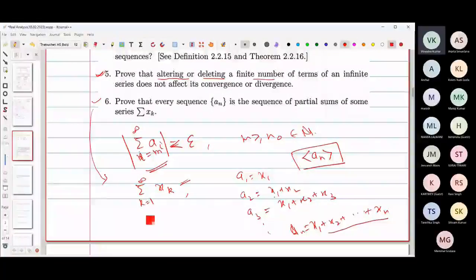Corresponding to every series, we can find this kind of sequence of partial sums. And conversely, also for every sequence, we can break the terms down. Suppose we have been given this sequence; we can write the first term as x1, the first term of this series, and then the second term of this sequence as the sum of the first and the second one. So we can continue like this.